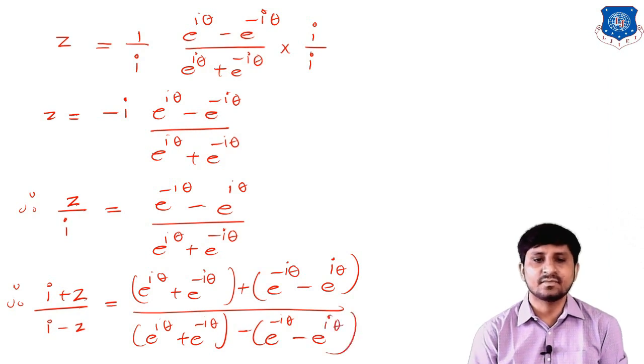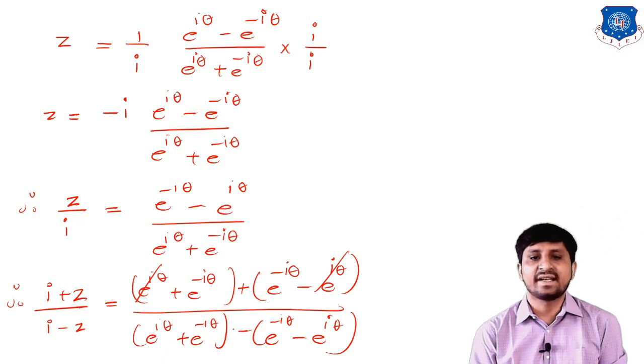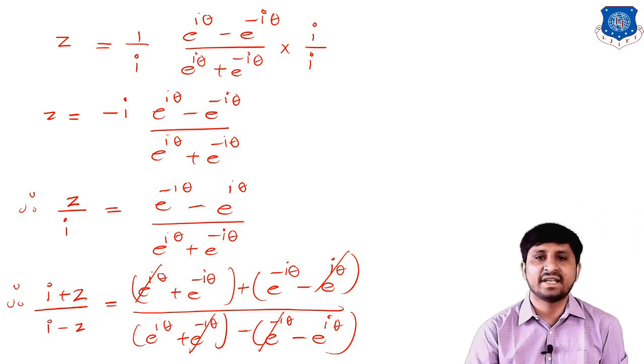You can see that in the numerator the e raised to i theta and minus e raised to i theta terms will cancel out, and in the denominator the e raised to minus i theta and minus e raised to minus i theta terms will cancel out.